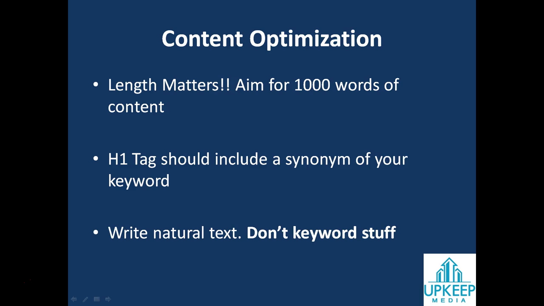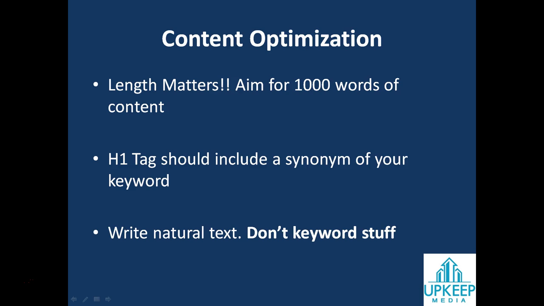Another thing that's extremely important is the H1 tag. The URL, the page title, and the H1 tag are the three most valuable pieces of real estate on any web page. For the H1 tag, you always want to include a synonym of the keyword you're trying to rank for.